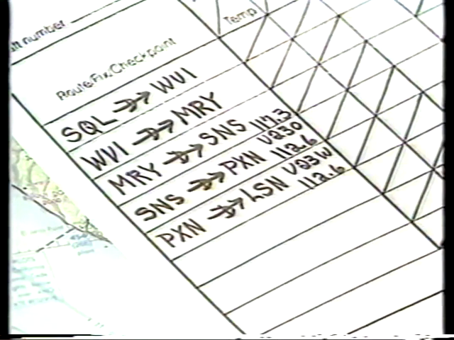WVI to MRY for Monterey, Monterey to SNS for Salinas. Note the VOR frequency. Salinas to PXN for Panoche. Note that Victor Airway 230 is used and the Panoche frequency. Then to LSN for Los Banos. Enter the airway, Victor West, and the Panoche VOR frequency. And finally, LSN to San Carlos.